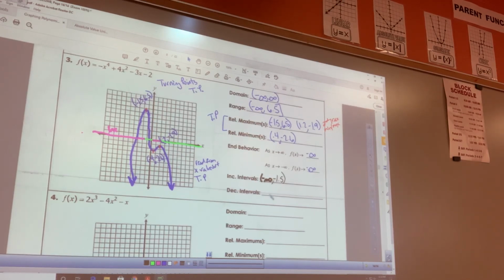So it starts decreasing at that same interval, negative 1.5. Where does it change? It changes right here at this one, which is at 0.4. Where does it increase again? From 0.4 to what? 1.2.